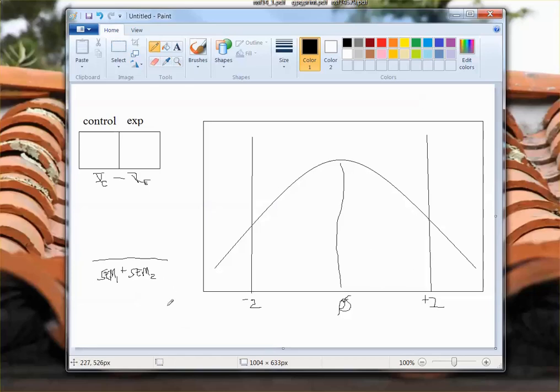Just like when we computed a z-score and put it in standard deviation units, we're going to do the same thing here. So the focus becomes the difference in means: we take the mean of the control group and subtract from it the mean of the experimental group.